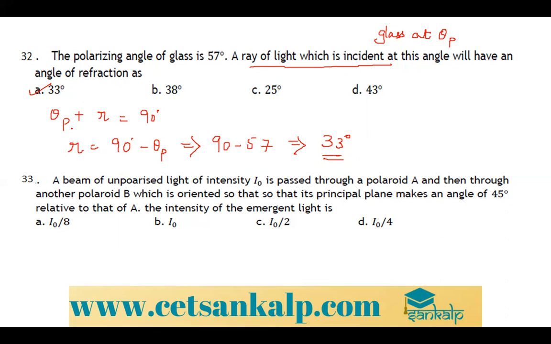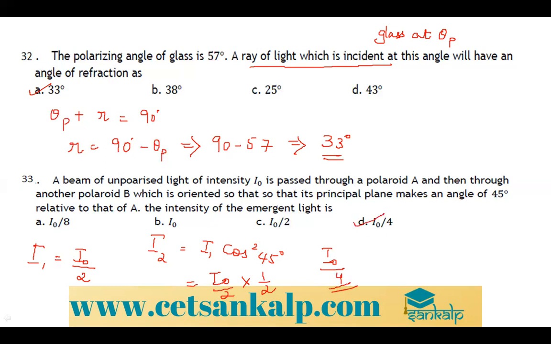First I take I1. I1 is equal to I0 by 2. Now I2 is equal to I1 cos square 45 degrees, which they have given. That is equal to I0 by 2 into 1 by 2. So I0 by 4 is the answer.